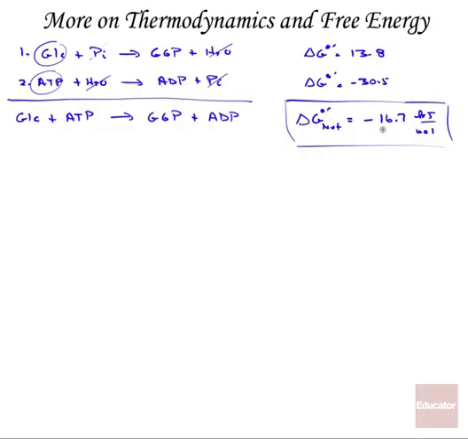Now the reaction has become viable. So what I've done is I've coupled a non-thermodynamically viable reaction with one that is very thermodynamically viable, and in the process, I've actually created a way for the process to happen that is thermodynamically favorable. This is called coupling.